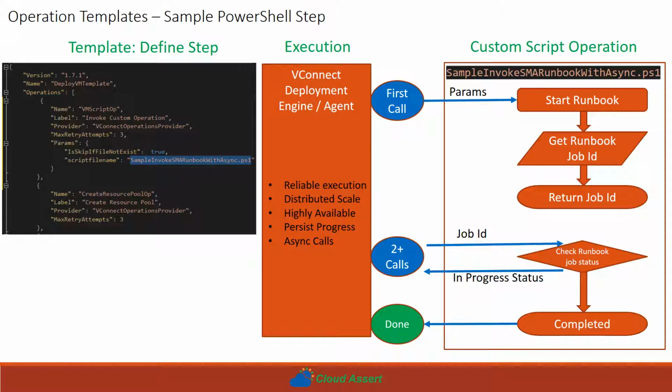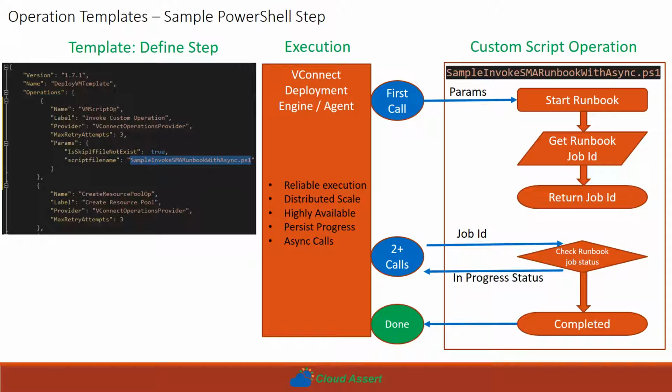So in order to use a sample operation, you will first edit the template, the operations template that we just saw in the previous slide. In this sample that we are seeing here, we are going to invoke a runbook through the operation template. So we have already edited the template and added the step here.